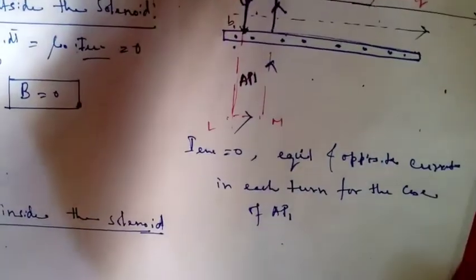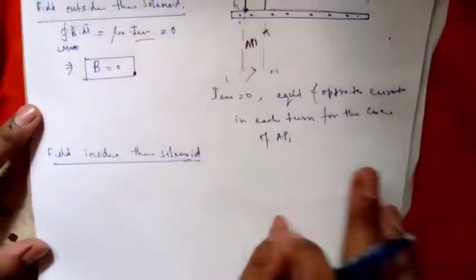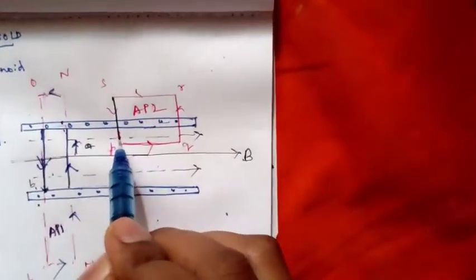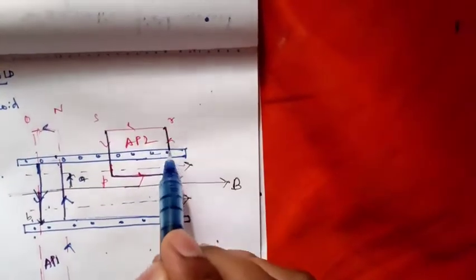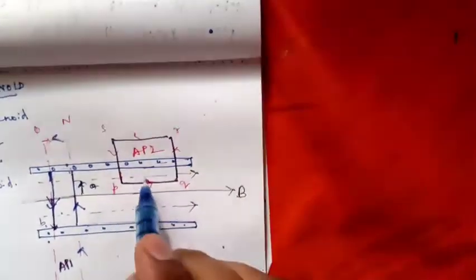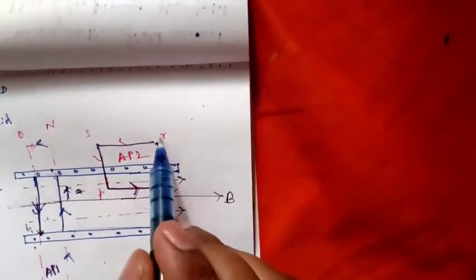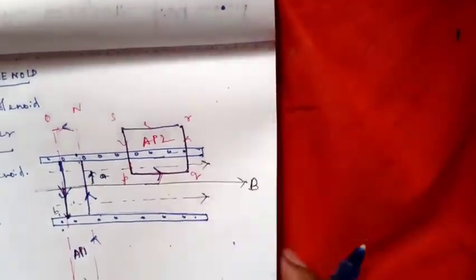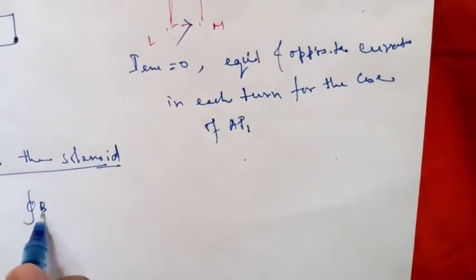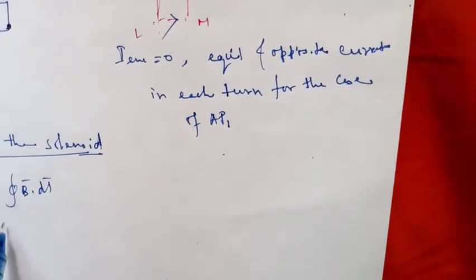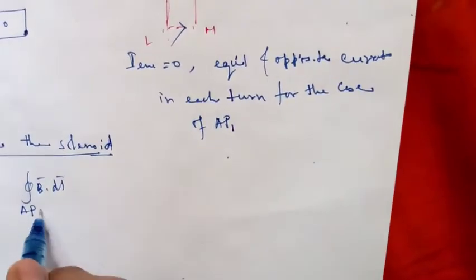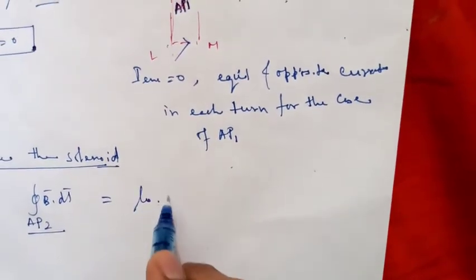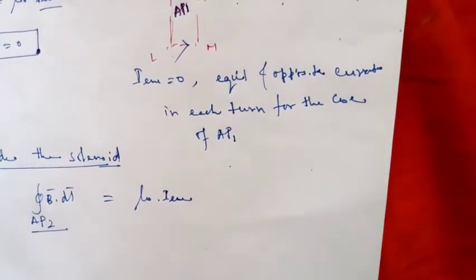Now we consider inside. For finding the magnetic field at an inside point, we choose this Amperian path PQRS, starting from P: PQ, QR, RS and SP. If we apply Ampere's circuital law for this path AP2, closed integral B dot dl equals mu 0 times I enclosed. Clear?